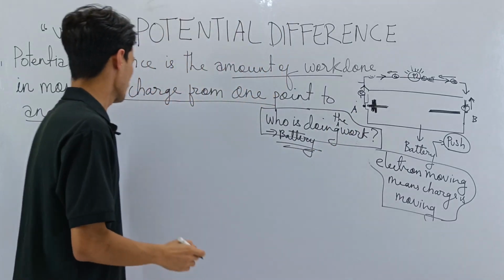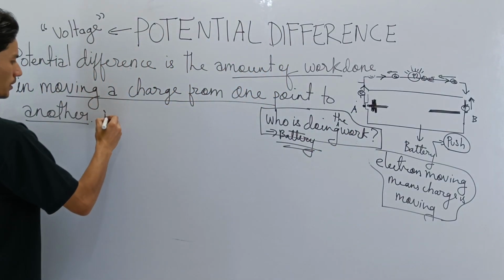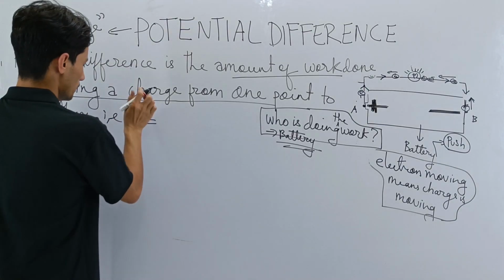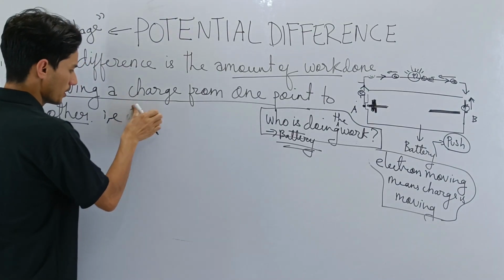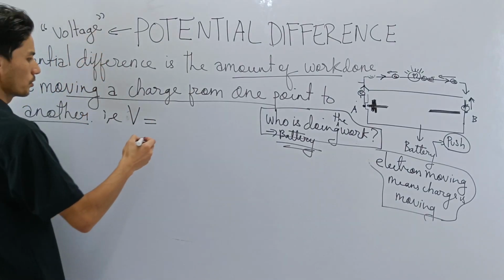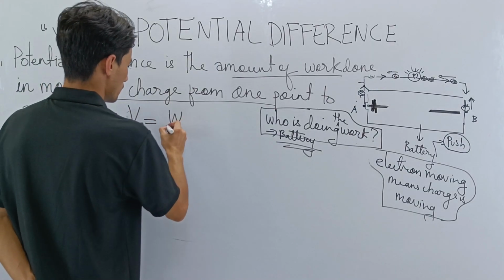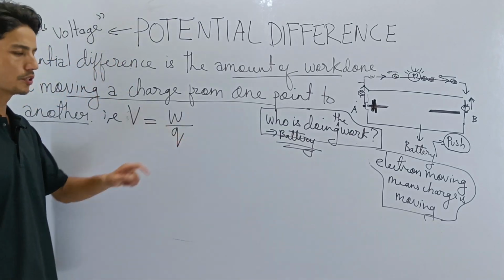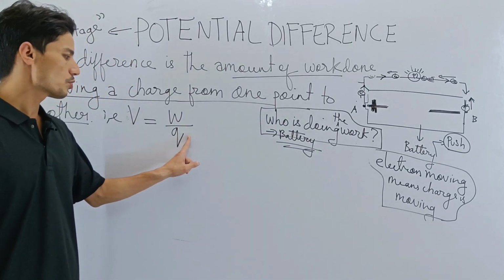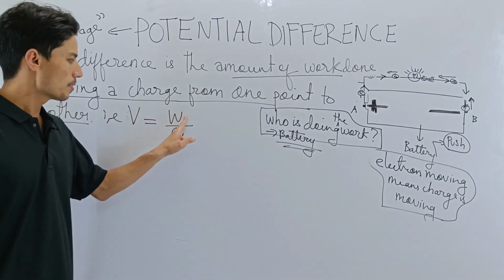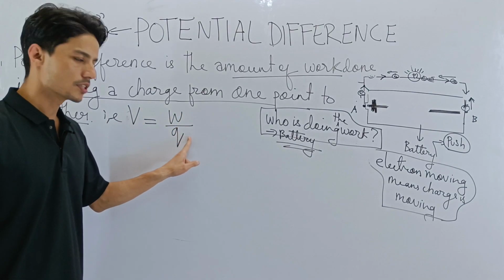Okay, it's clear. So we can also write potential difference, V, not this stylish V, simple V for voltage, is equal to W, which is work done in moving the unit charge, small q. Remember this, my dear students: voltage is the amount of work done in moving a unit charge, small q.